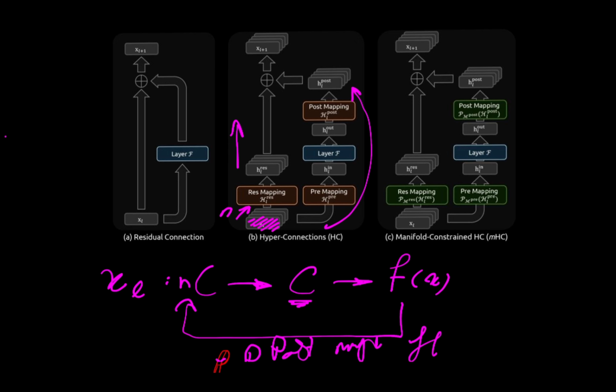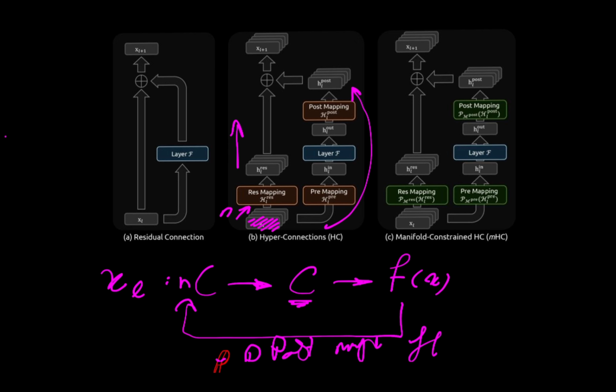Why do we do this learnable mapping, aggregation from NC dimension to C dimension and again back to NC? It's important because it can increase the efficiency of our model, but it increases the instability of it at the same time.